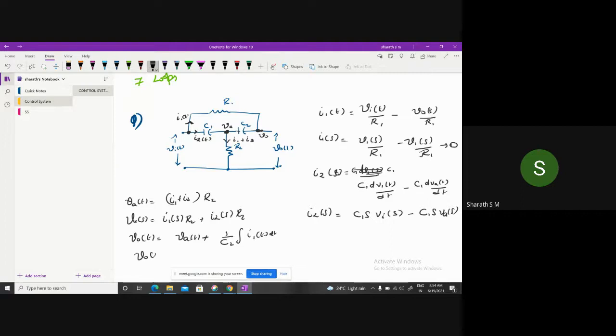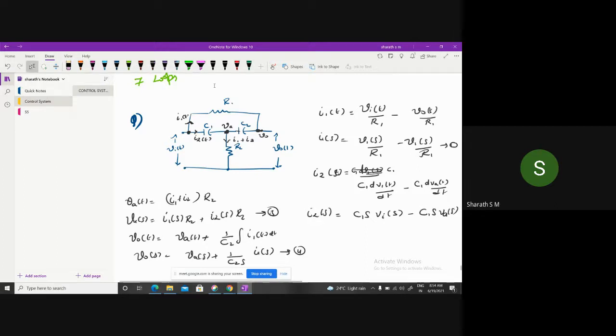So V0 of S is equal to VA of S plus 1 over C2S into I1 of S. This is equation 4, and this is equation 3. From these 4 equations, we need to sketch the signal flow graph and then go for Mason's gain formula.